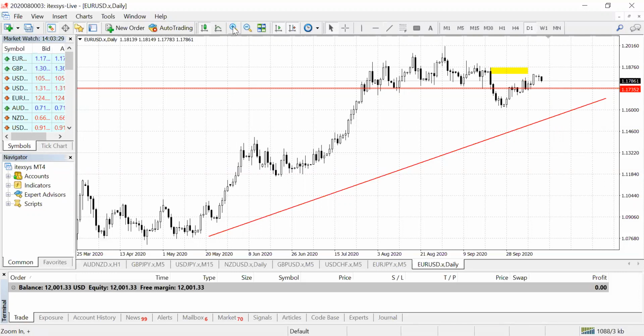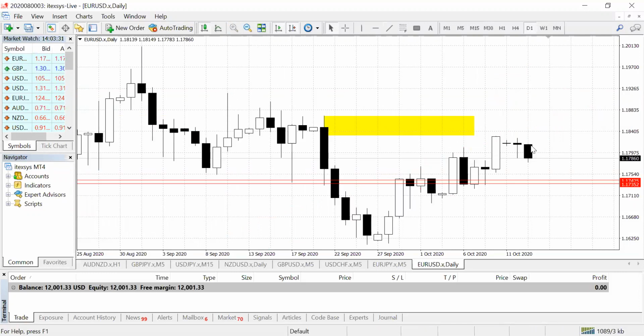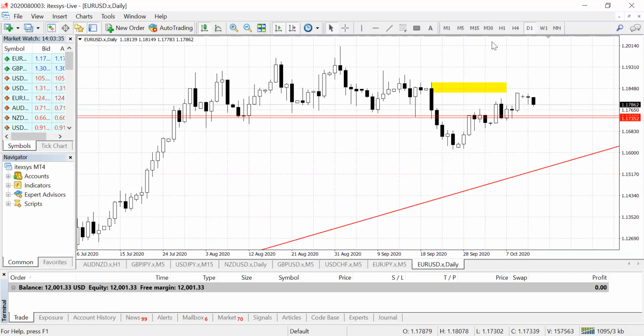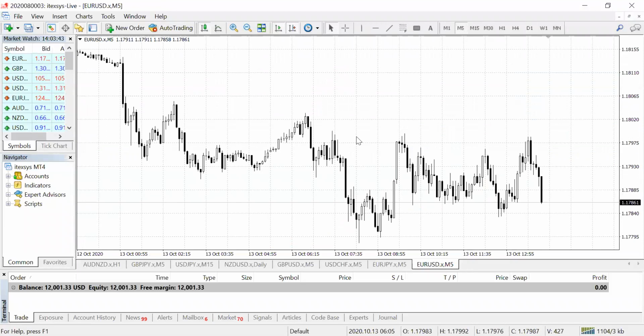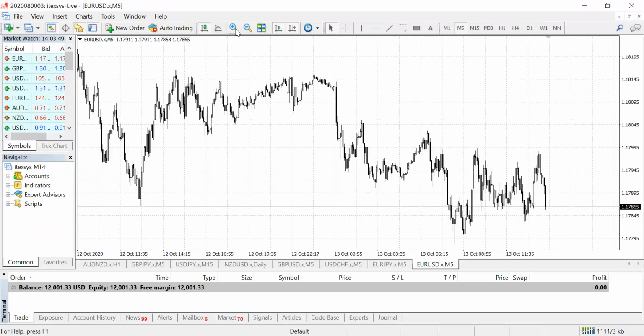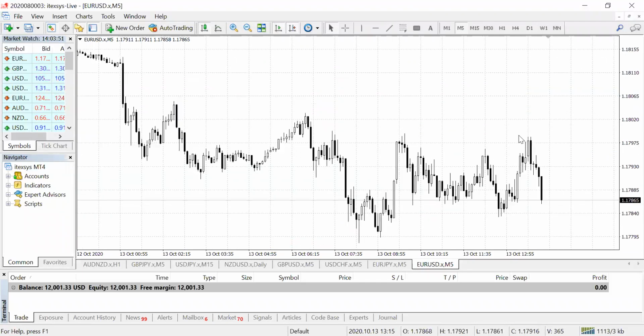However, what we're trading today is this candle with a bearish bias. But if we zoom in to the 5 minute chart, we can see we're just stuck in this large consolidation right here. So if we want to trade some intraday trades, we can trade both sides.